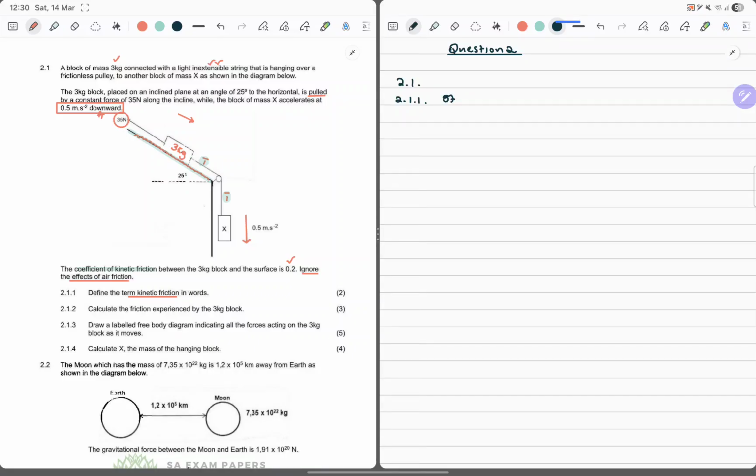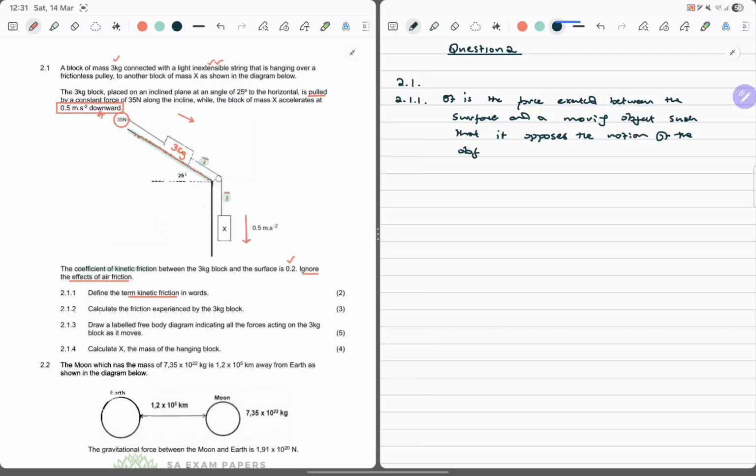We can say it is the force exerted between the surface and a moving object such that it opposes the motion of the object.